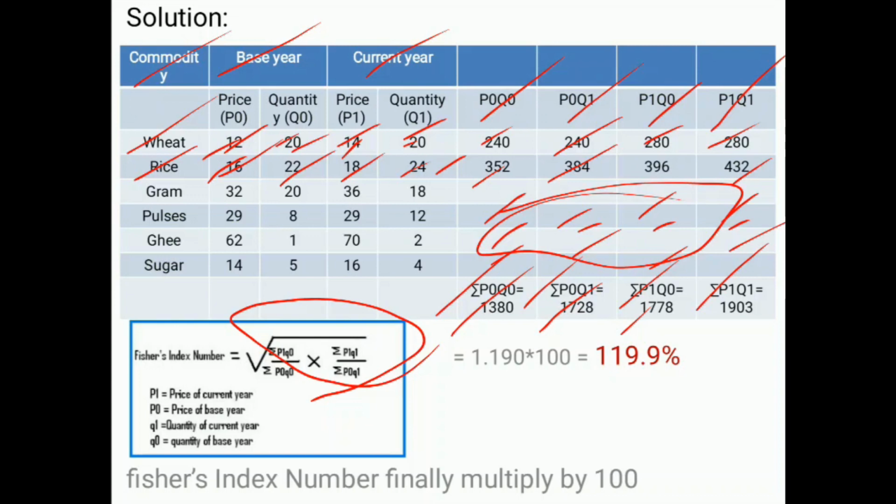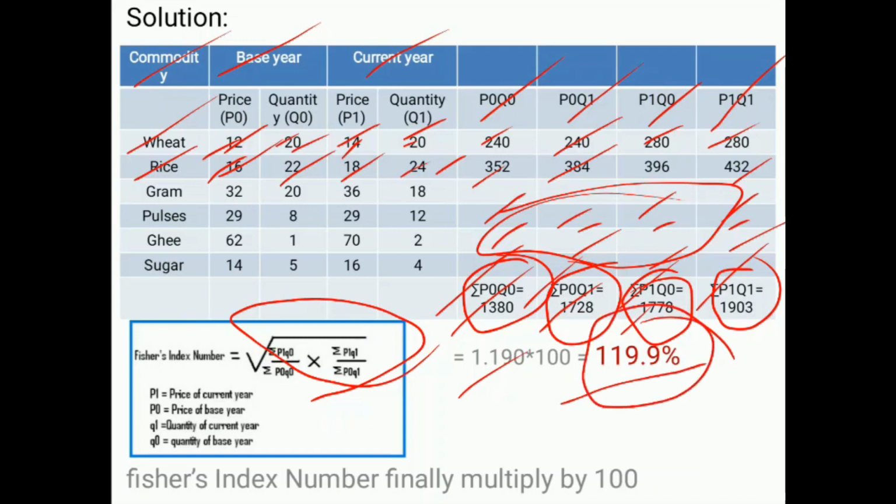Summation P1 Q0 is 1778 divided by 1380, into 1903 divided by 1728. After divide and multiply, just take the square root of the value, you will get 1.190 into 100, that is 119.9 percent.